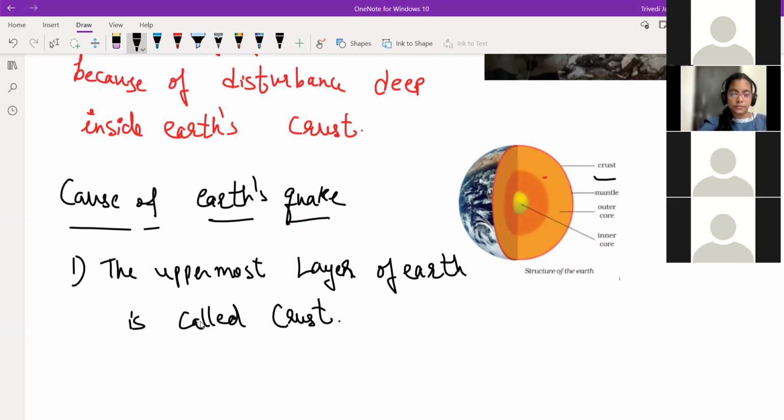Now, when we are saying plates, the tectonic plates move, and so we get an earthquake.